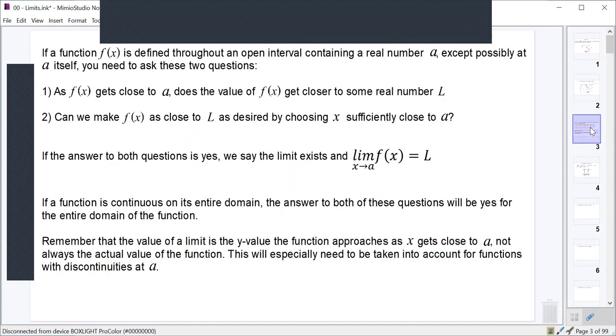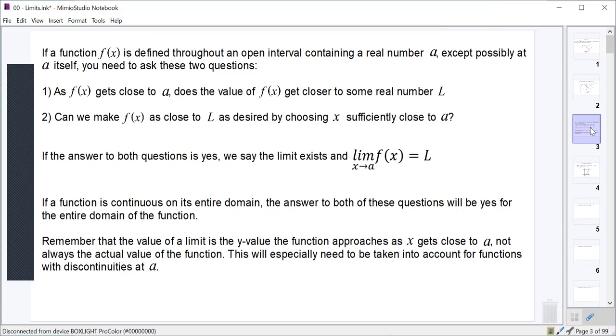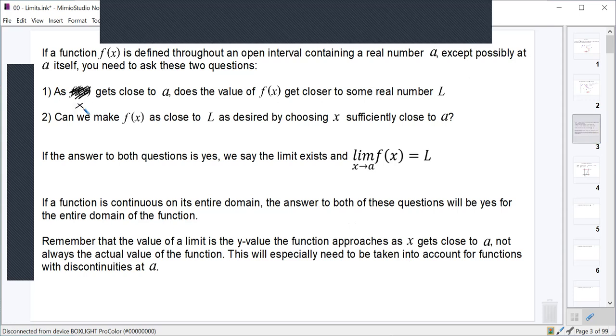So as we do this, we're going to try and ask ourselves two different questions. The first is, as x gets close to a, that should say as x gets close to a, not f of x. As x gets close to a, does the value of f of x get closer to some real number L?